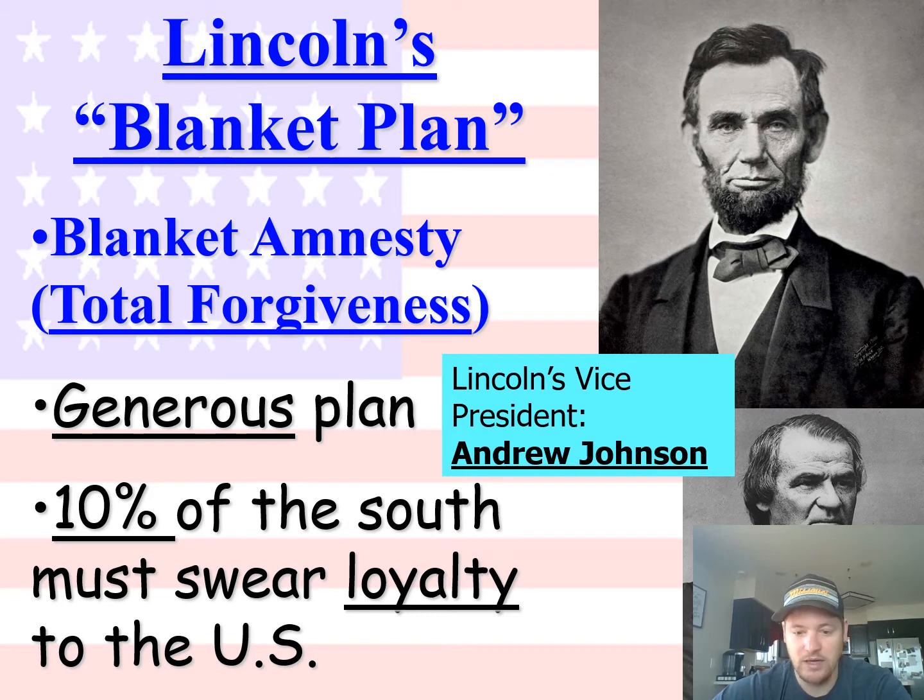They would sign a contract, say we would be with the United States, and that state would come back into the Union and leave the Confederacy. So if there's 100 people, that's only 10 out of the 100 people you need in. That's not that much of the population, and this was very easygoing.